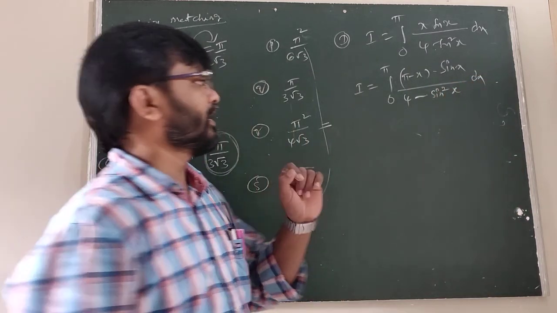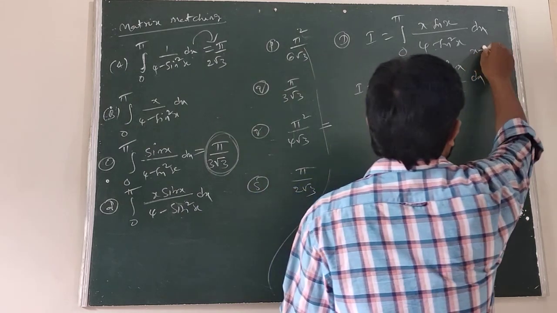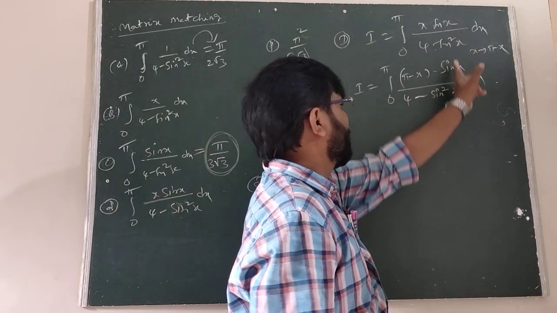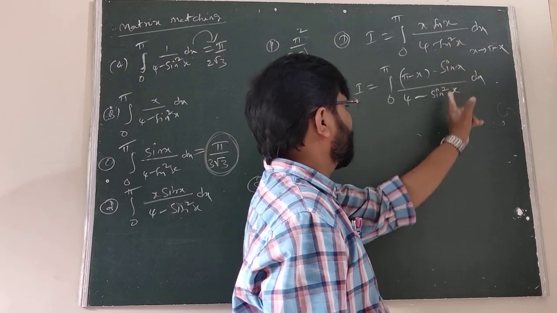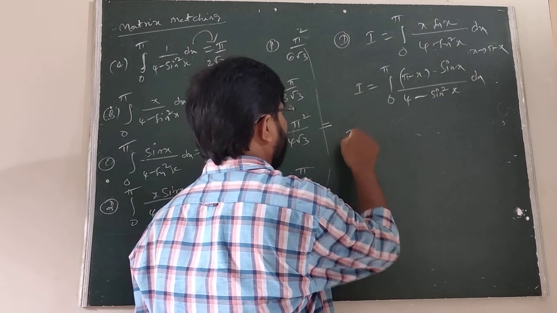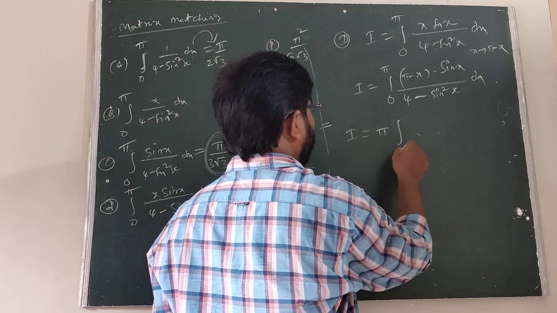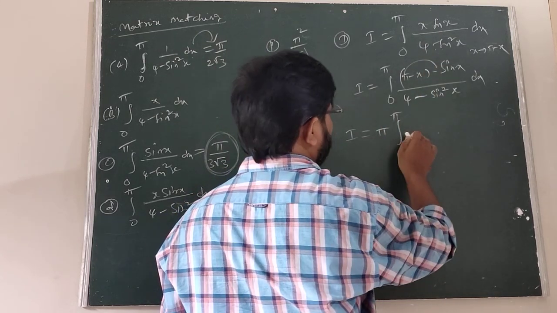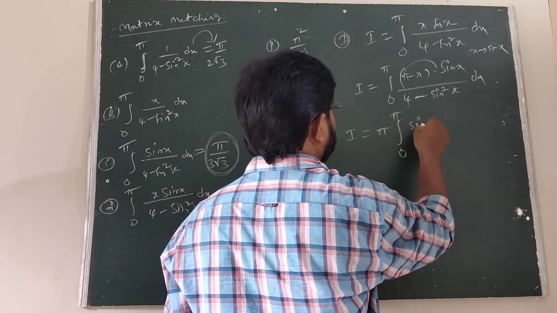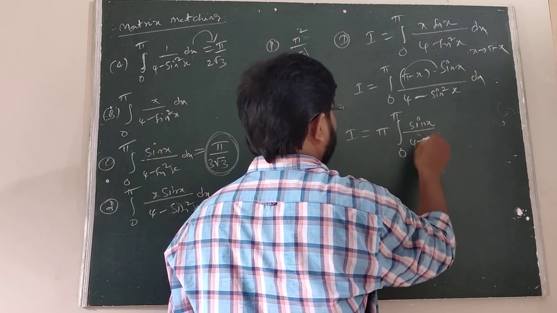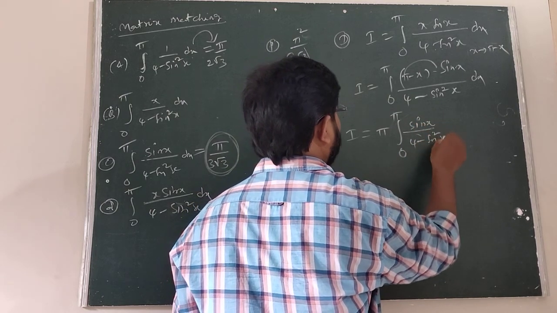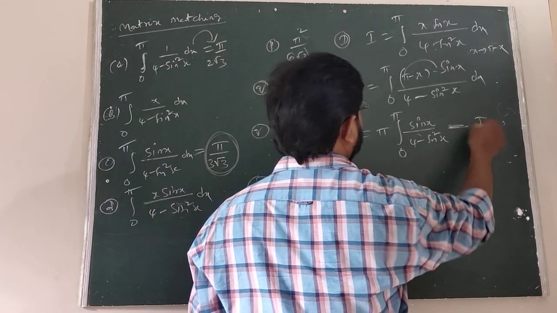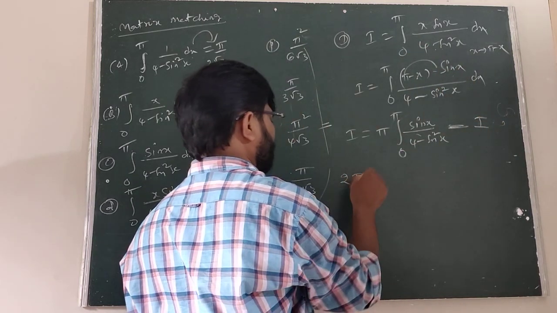Then I equals pi into integral from 0 to pi of sin x upon 4 minus sin square x, minus x sin x by the same, so I plus I is 2I.